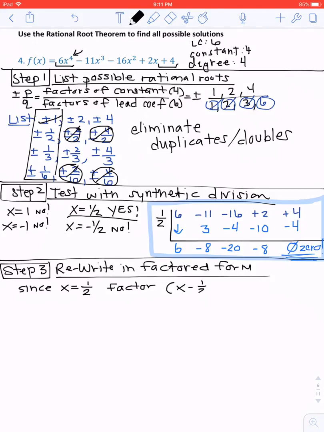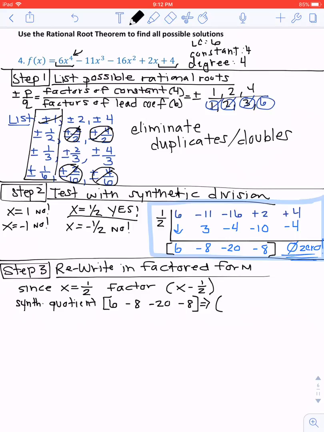X minus 1/2. And then we need to use this synthetic quotient. So if we have 6, negative 8, negative 20, negative 8, what does it tell us?